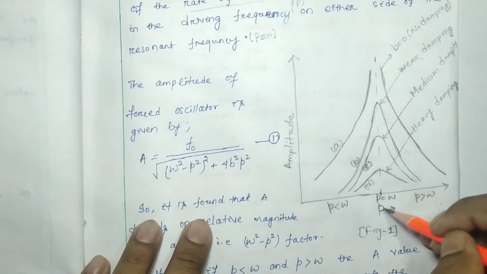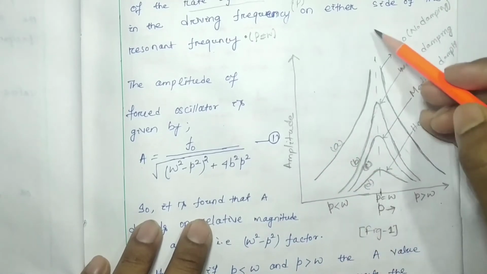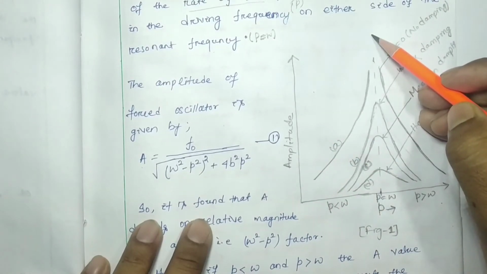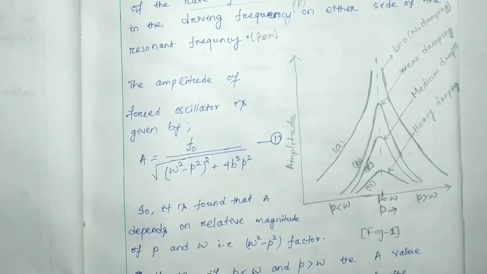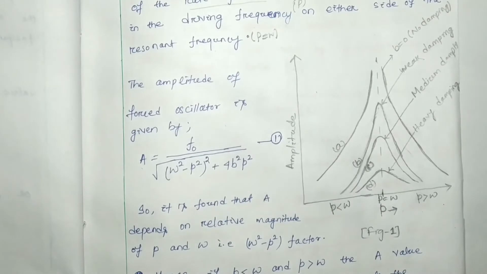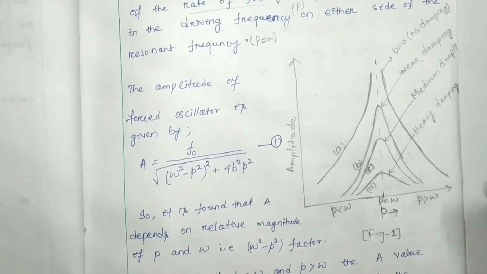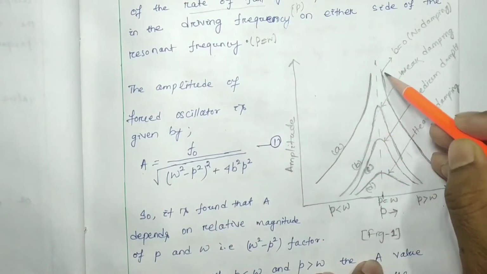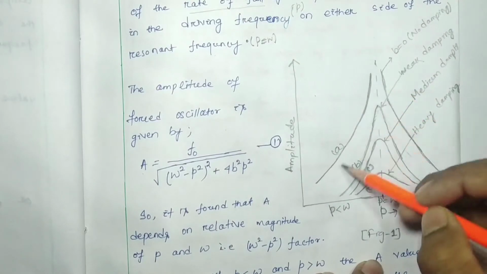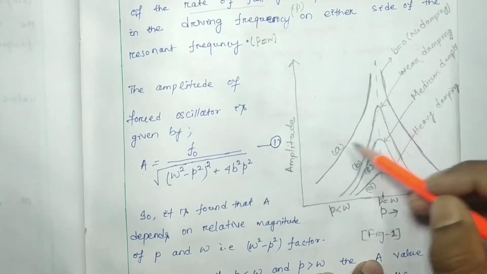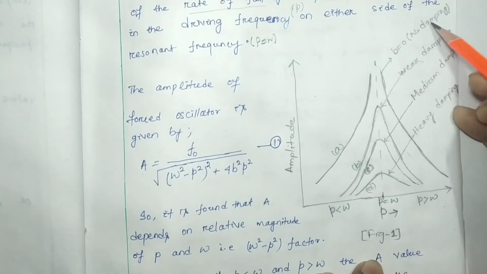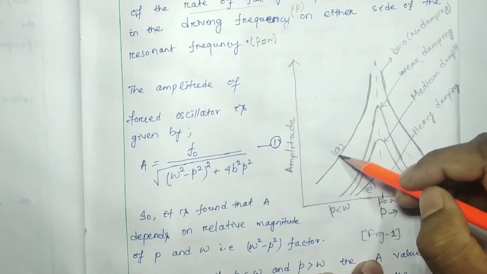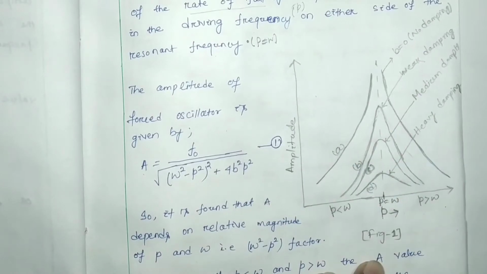That means at the resonant frequency the amplitude will be infinite. Practically it is impossible, because whatever the medium we consider, there will be some resistance present. So this will be the curve which represents the variation of amplitude on either side of the resonant frequency for the no damping case, that is A.